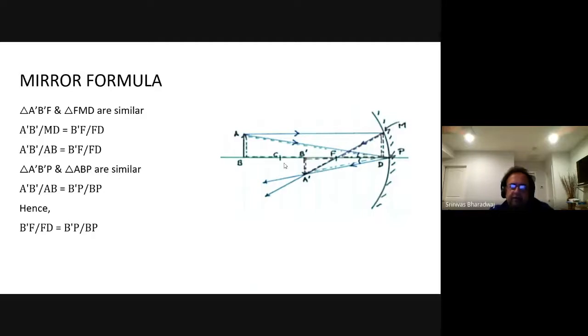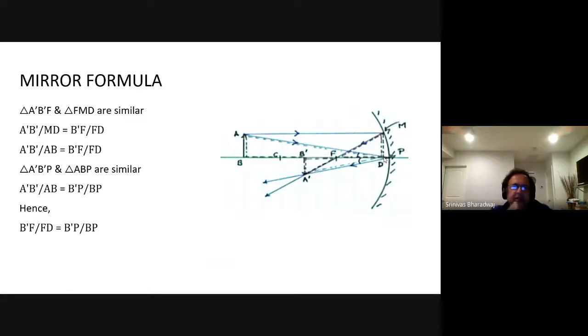So you have all these angles becoming equal. AAA is the case here: 90 degrees, 90 degrees, and this angle is equal to this angle. Therefore, those two triangles are similar. Similarly, A prime B prime P and ABP, those two triangles are also similar.